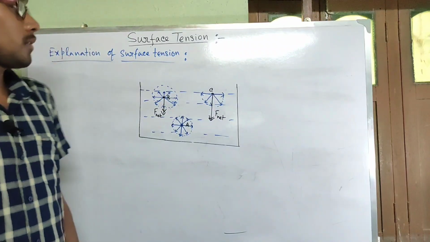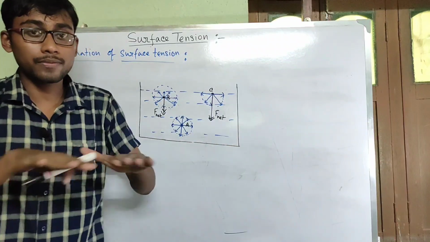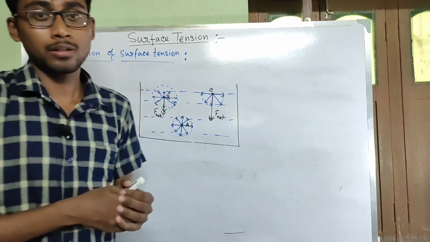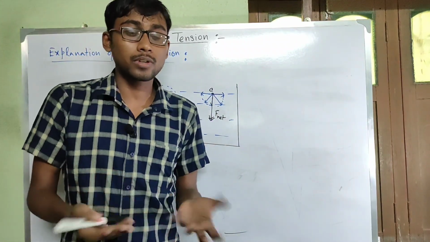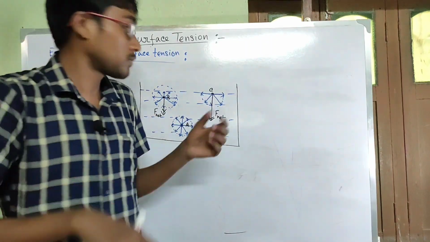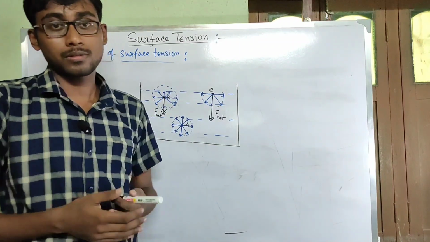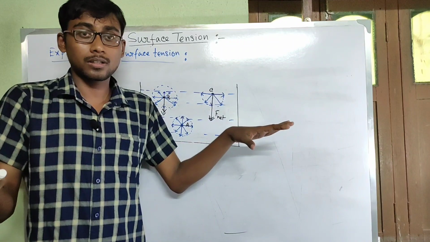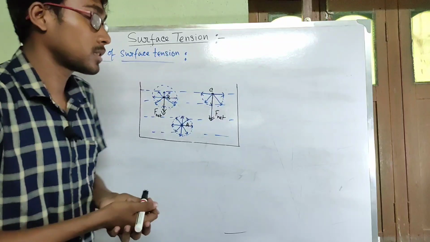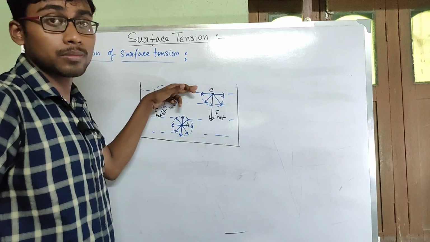Now, if we increase the surface area of the liquid, what happens? The molecules from the interior of the liquid rise to the surface.